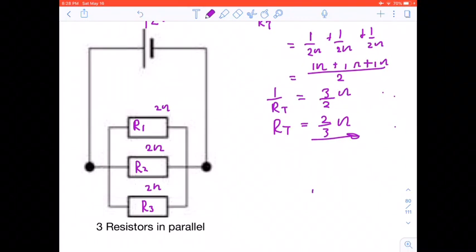Now if I want to know the current, VT is the total voltage, the voltage of my battery, right?